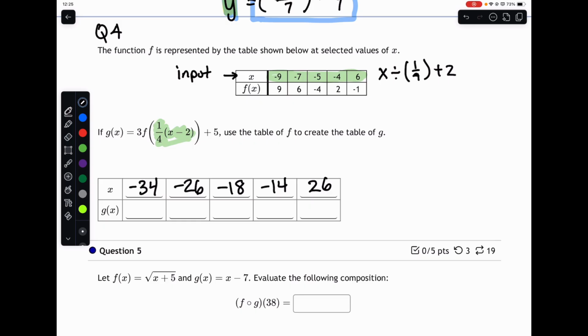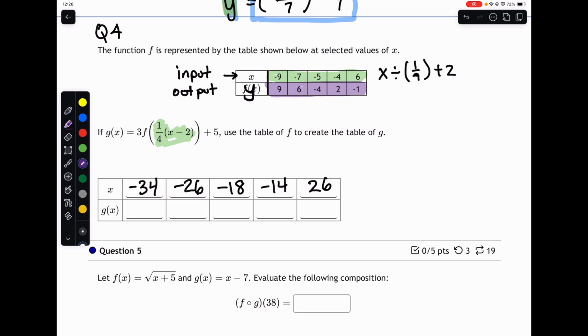Now, since the f of x values, which is another fancy way for y, since the y values are your output values, those numbers, let me highlight in purple, are affected by the outside operations.